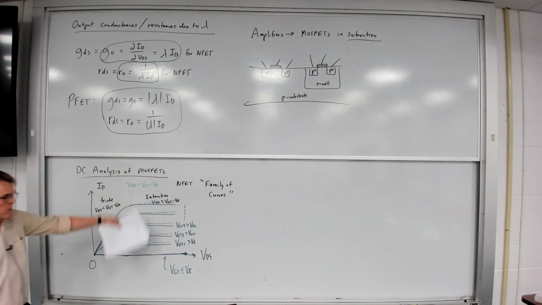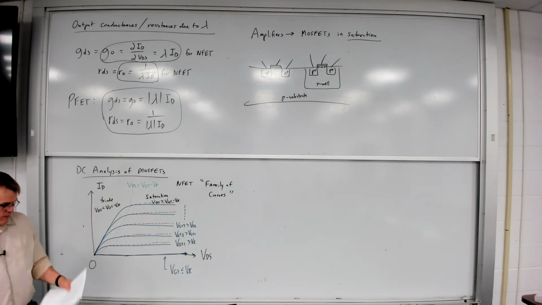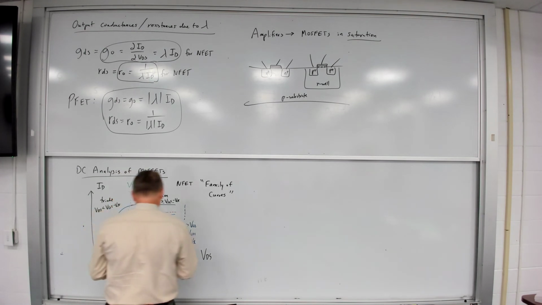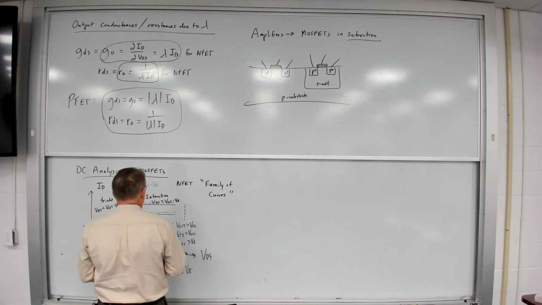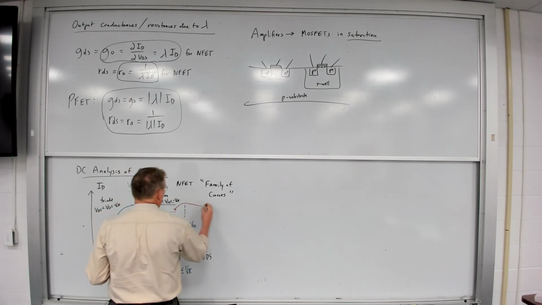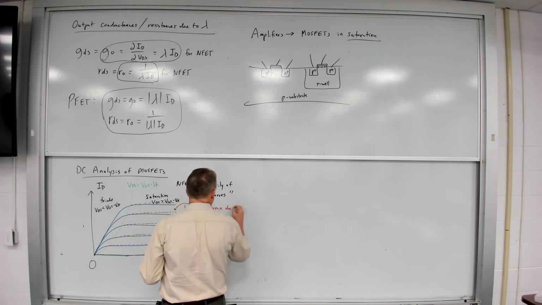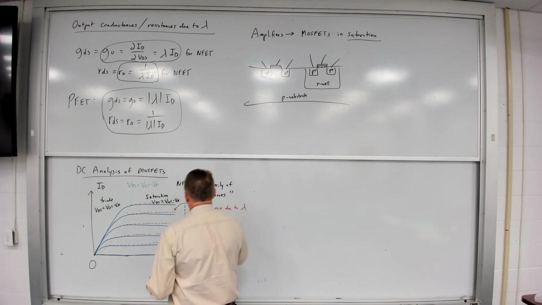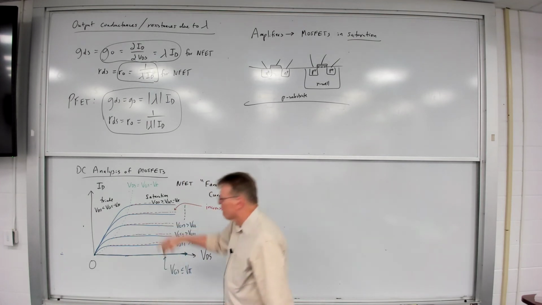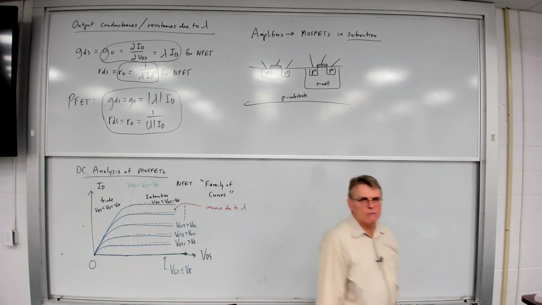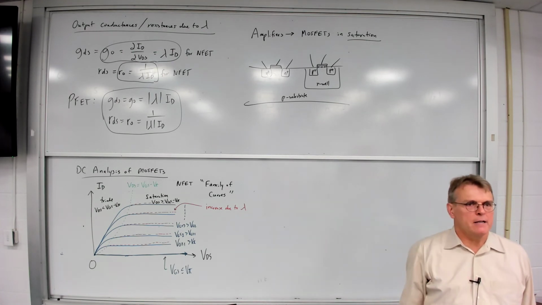So we're going to see an increase due to the effect of lambda. So this is the actual. The red is really going to be the actual curve. We're going to see that slight increase in ID.